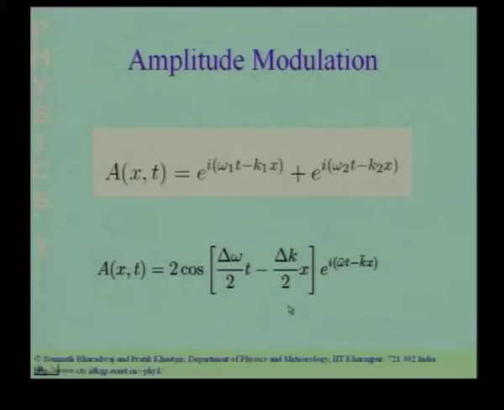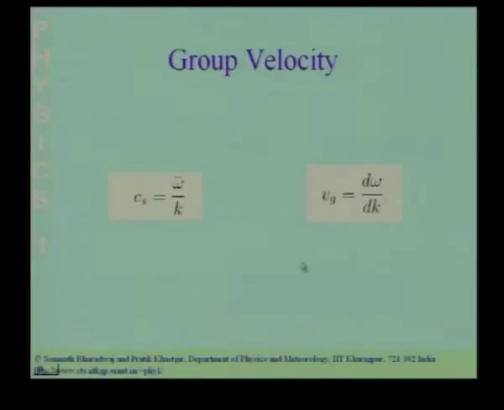You can determine at what speed the modulation propagates. The modulation will propagate at the speed delta omega by delta k, and if you take the limit where the difference in the two frequencies goes to 0, then you get the speed at which the modulation propagates, that is called the group velocity, which is d omega by dk.